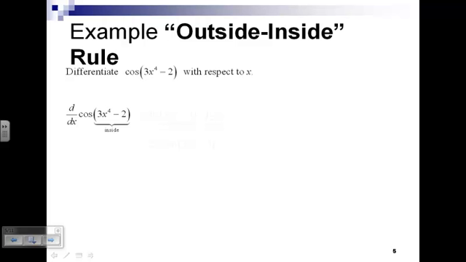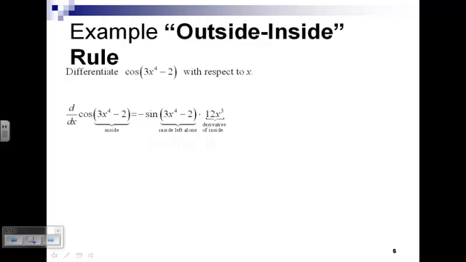So let's speak our way through taking that derivative using the chain rule. The derivative of the outside is negative sine, but you leave the inside the same. And then we say, what's the derivative of the inside? In this case, it's 12x to the third.